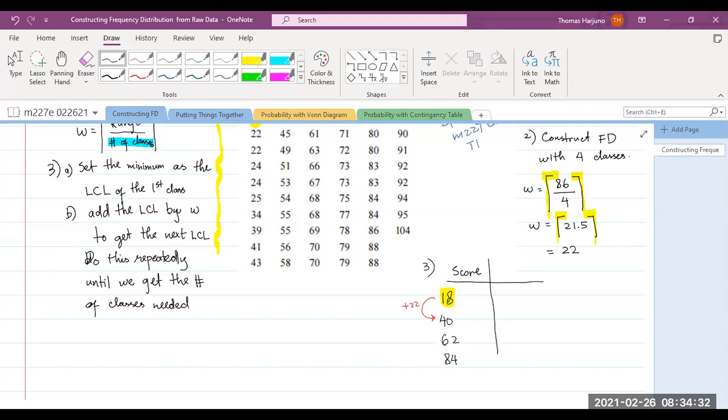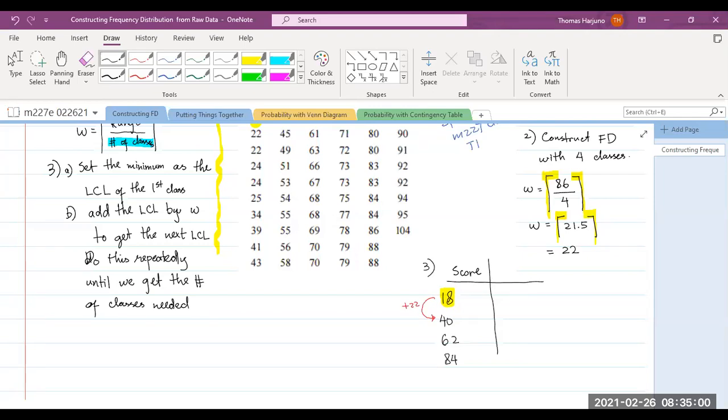The actual definition of class width is slightly different, but the outcome is always the same for this computation. That's why for now we just follow what our textbook says.